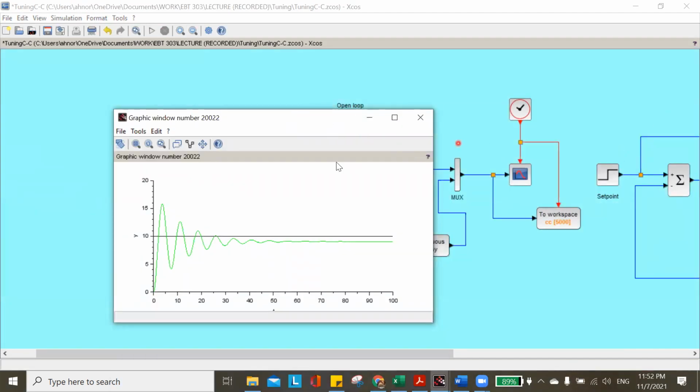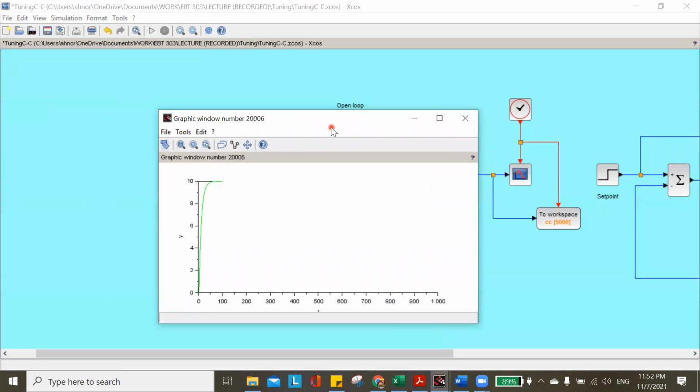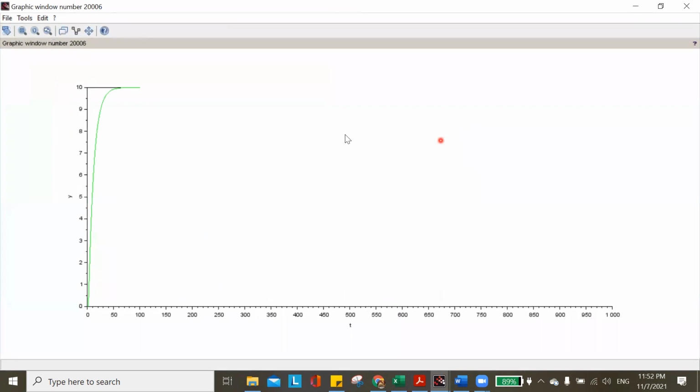Simulating, so we exclude this one. Look at this. Because I put the simulation time up to only 100 time units, this is the set point. This is the output of the open loop system.